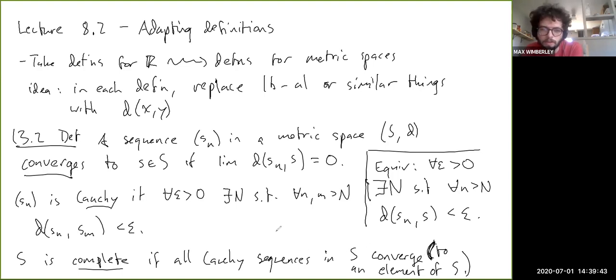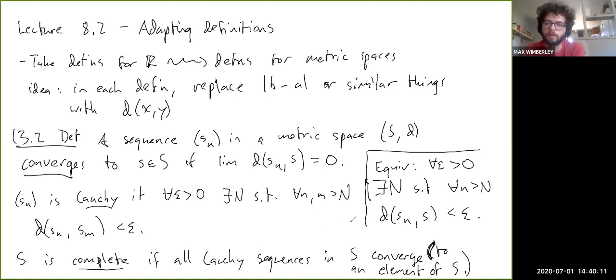But technically speaking, it makes more sense just to say that in Q, as a metric space, those Cauchy sequences simply don't converge at all, okay? Even though those sequences converge to a real number, if you think of Q as a subset of R, there are sequences in Q which converge to something in R outside of Q, right?